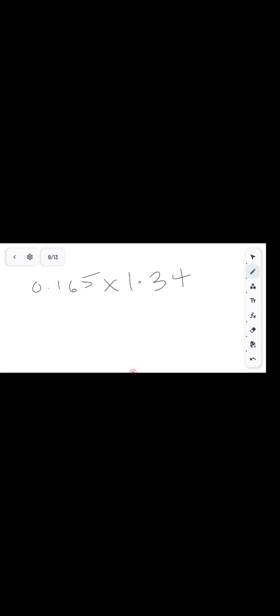Okay, the first step is to take note of the decimal places. This first decimal number has 3 decimal places, so I'll take note of it. The other one has 2 DP. Since I'm multiplying the decimals, you add up the decimal places. So that's 5 DP.